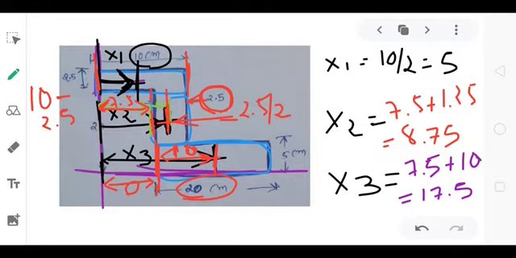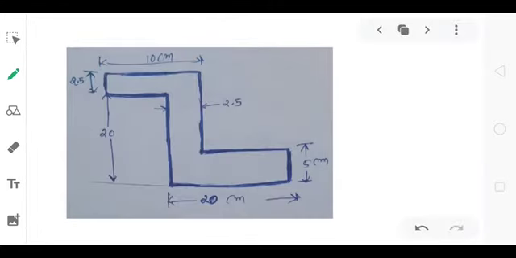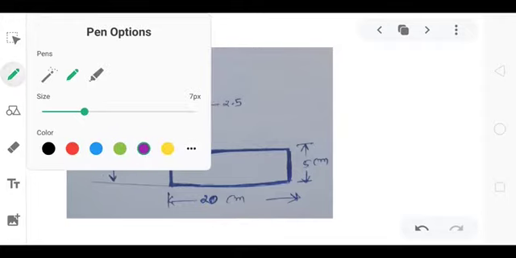Similarly we will find y1, y2 and y3. So here this is our section.